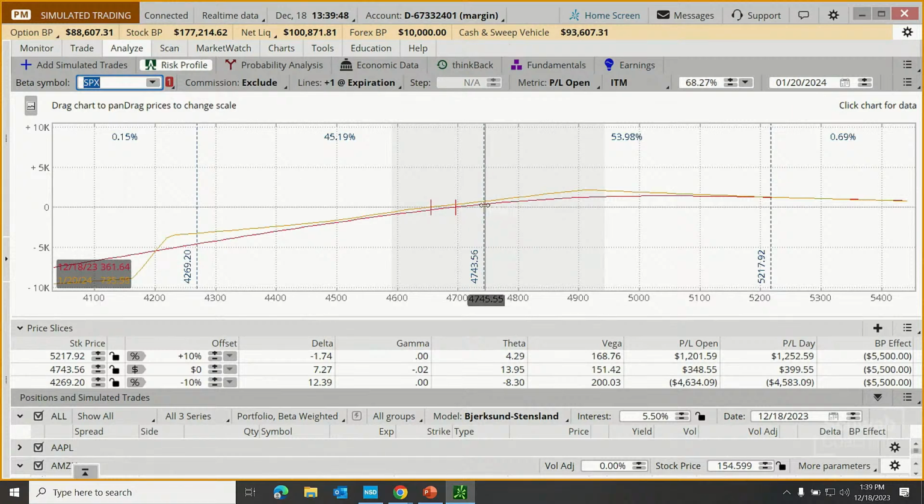Okay. So moving down, we'd definitely be moving into loss territory over here. Moving up, we'd be moving toward a maximum gain, hit a peak really right there for our January 20th expiration. And as we go beyond that, it starts to chip away at those gains.